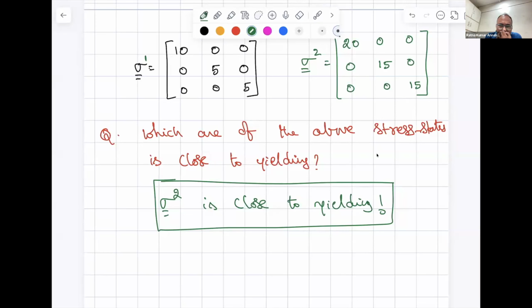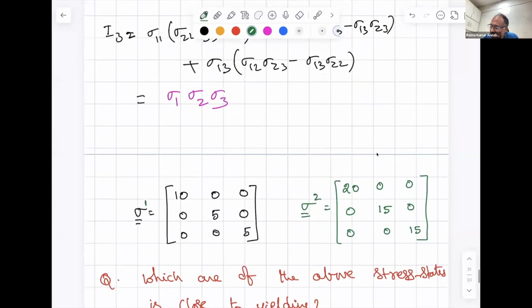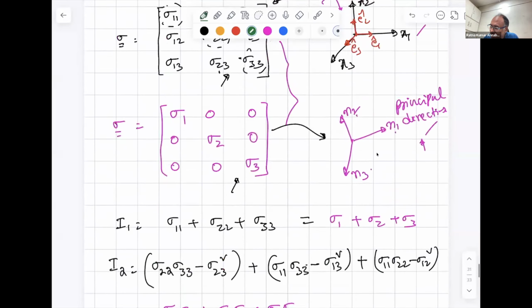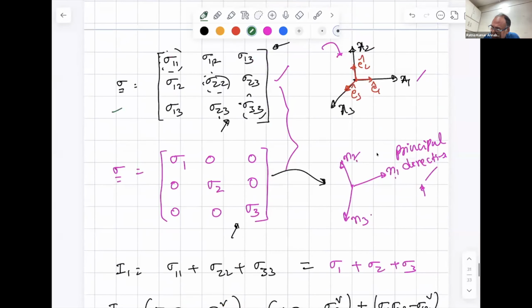So in the last class, when we started talking about failure theories, we were talking about stress state. A stress state at a point can be written either in this frame of reference or this frame of reference. It is up to us to write it in any frame of reference that we want, correct?